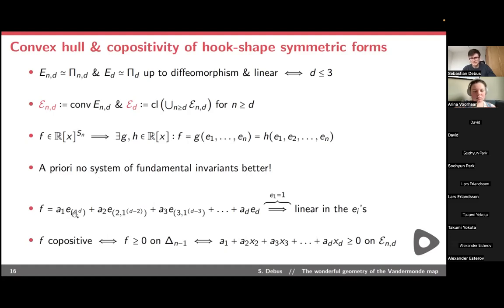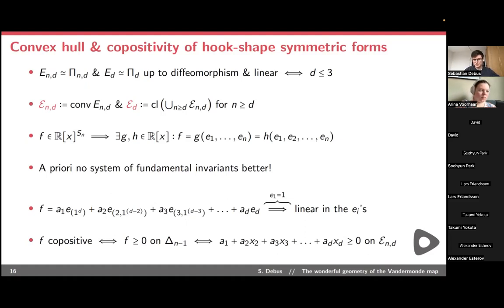With this lambda notation, E lambda, we can write it as a sum over all of these E lambdas with some real scalar a_i in front. We call such a symmetric form hook-shaped if all the partitions which occur in this expression are hooks. Here we have a lot of ones, so it's one column. Here we have one row. When we consider the Young diagram, it is one column, and the same here. This is what we call a hook-shaped symmetric form.